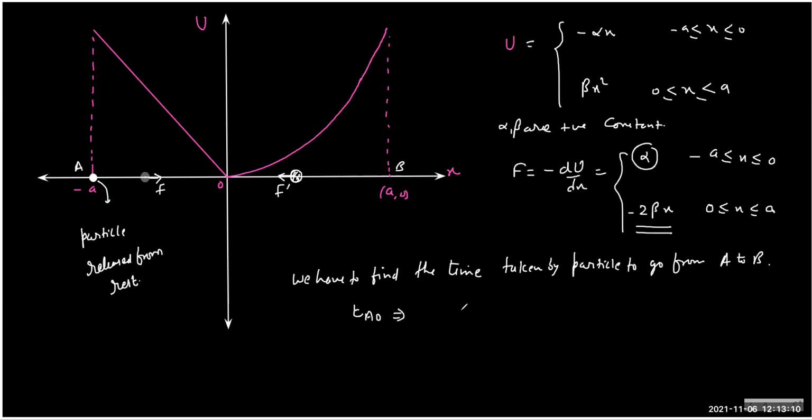We can write S equals half a t square. Do you realize this formula? It's a simple kinematical equation. You start from rest, and the displacement is A. S equals half a t square. Acceleration is force upon mass, which is alpha by m, and this is the answer.